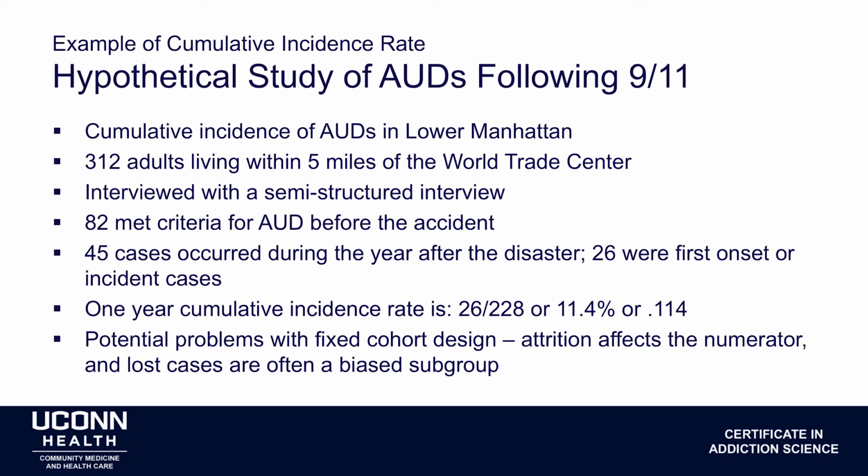So the 1-year cumulative incidence is 26 over 228 people, so it's 11%. The potential problem of a fixed cohort is that the denominator is 312 adults, and attrition can affect the numerators. Lost cases can often bias the subgroup, because for those lost cases, you don't know whether those people developed AUD or not.